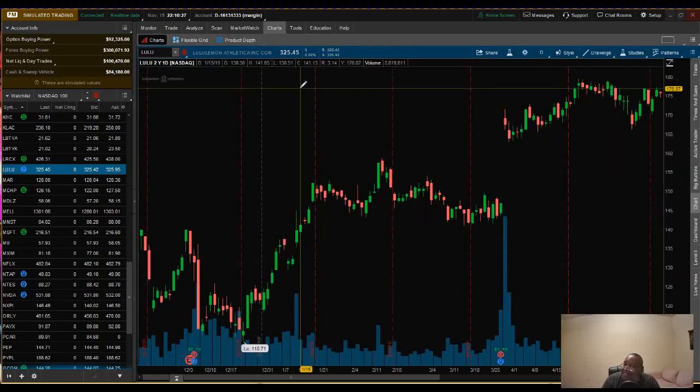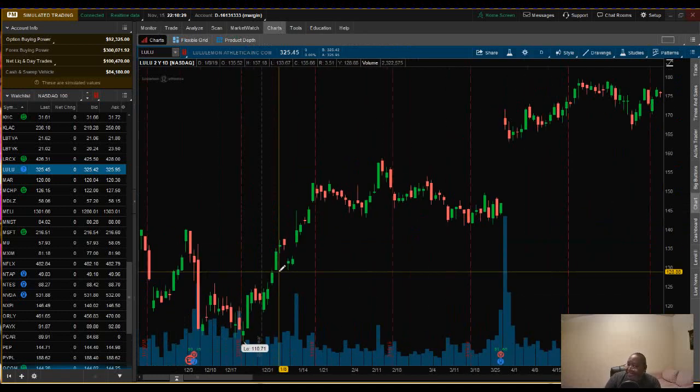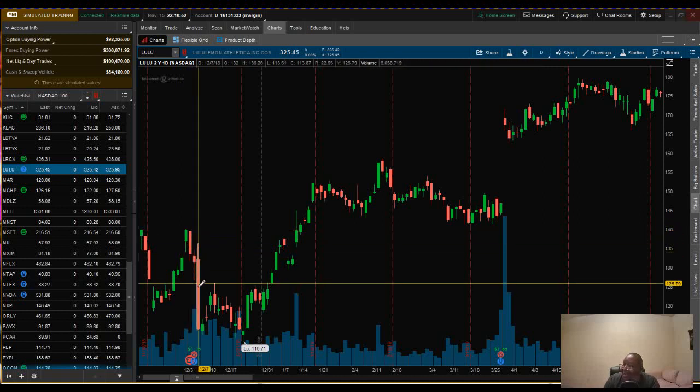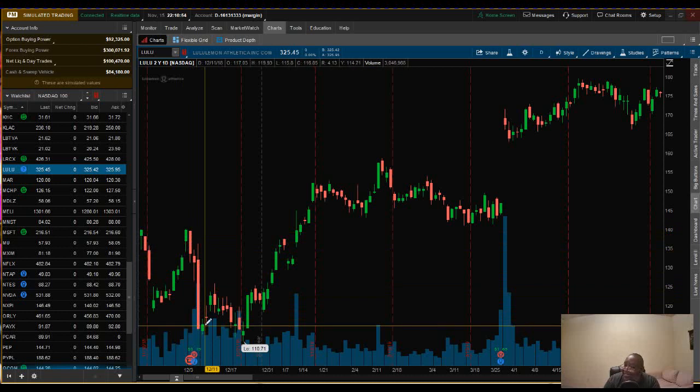It's significant because if I get into Lululemon here, instead of buying in, I'm gonna sell in, right? So I'm doing a reverse play here. I'm coming in selling this stock right here, right at $139.62, and I will end up buying. Let's say this was it right here.